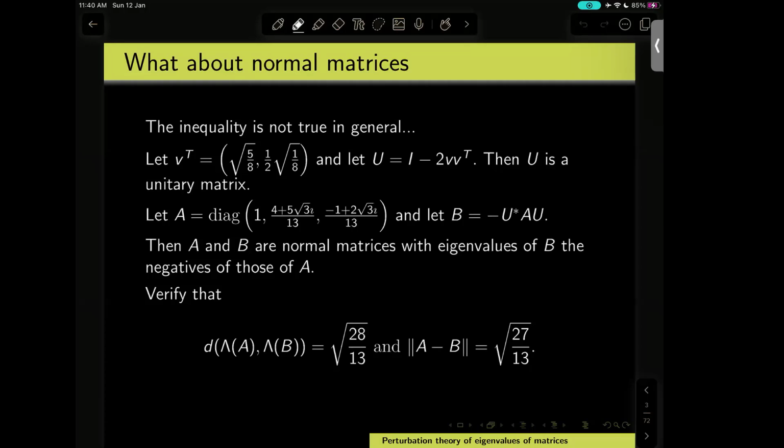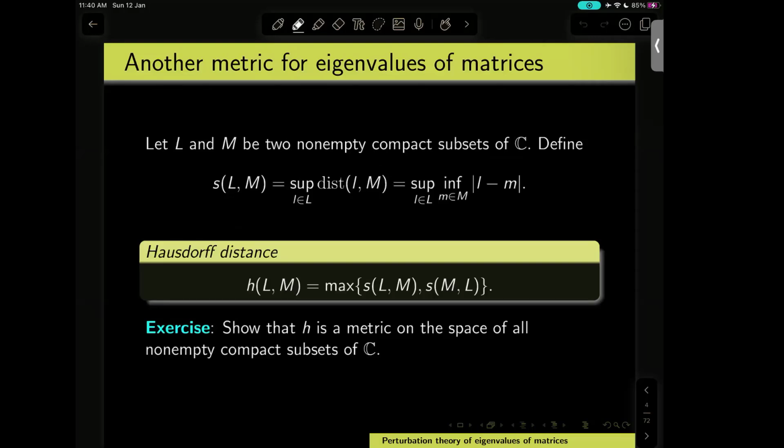Now, what do we do then? The optimal matching distance is not working, at least, so we look at another metric.